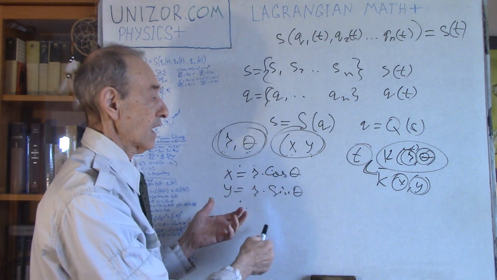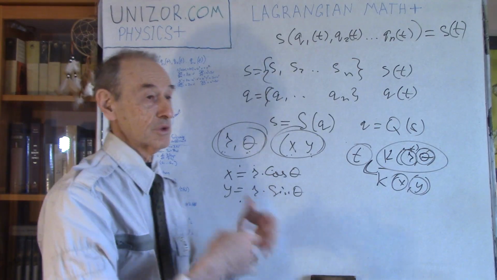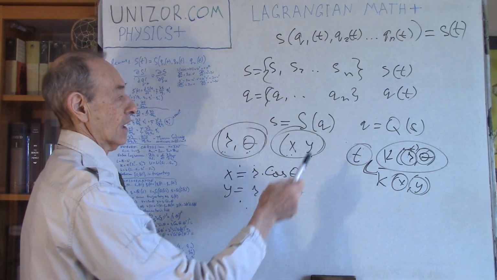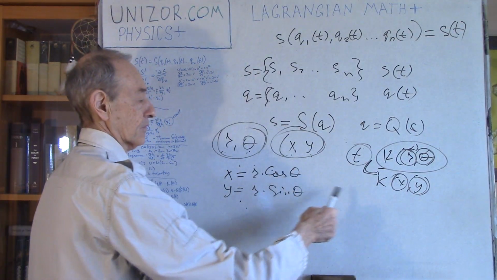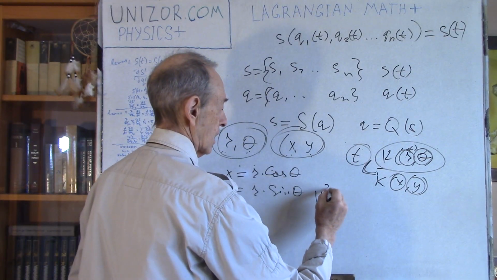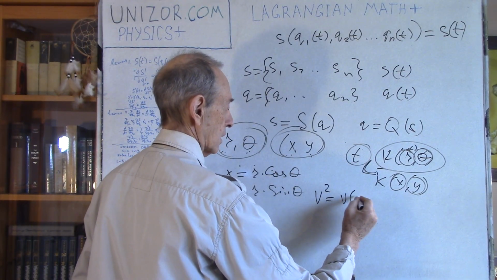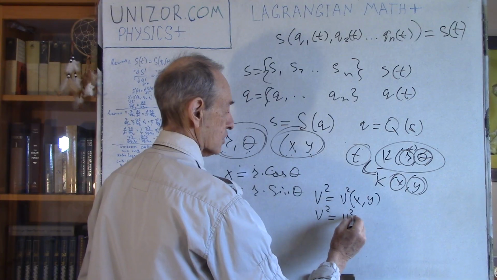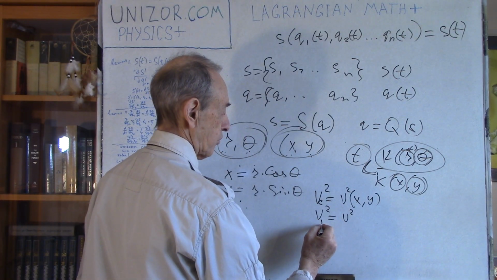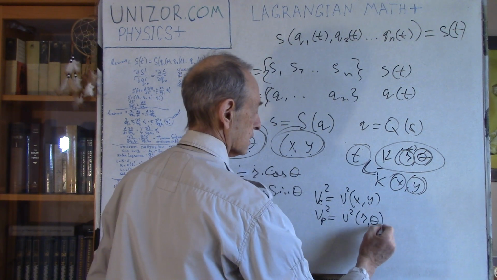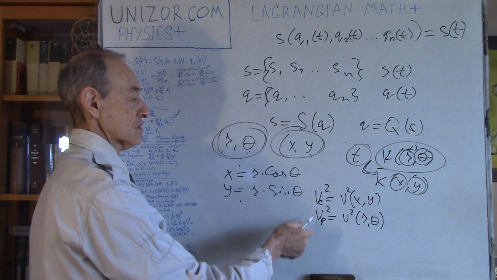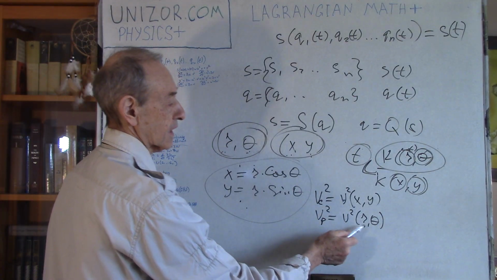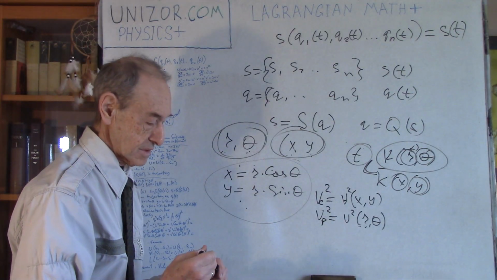It looks different, obviously, in polar coordinates, but if you put the values and the real transformation like this, and express v squared as a function of x and y, and then v squared as a function of r and theta, this is Cartesian, this is polar. If you do all these calculations and use the transformation formula, put it here, you will get the same thing as here, obviously. So results will be the same.